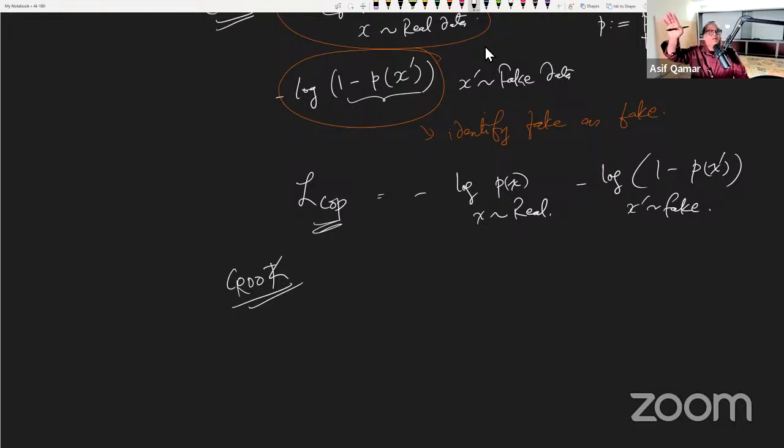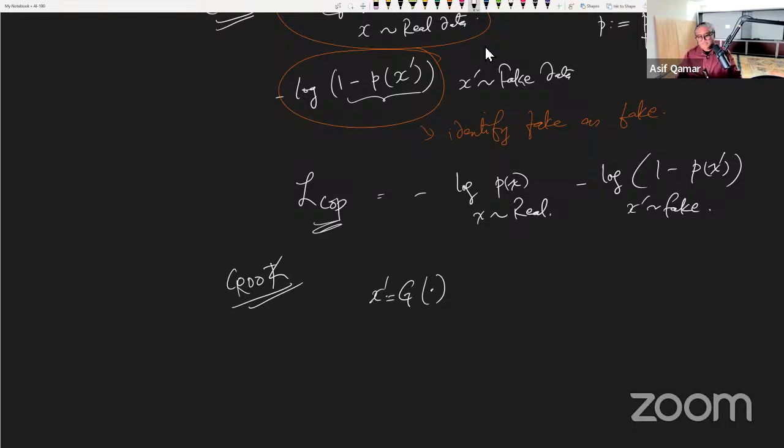So he will generate something, based on something. Let's say he randomly takes some paper, and then massages it, paints it, does whatever he wants to do with it, and produces an x prime, something he generates.